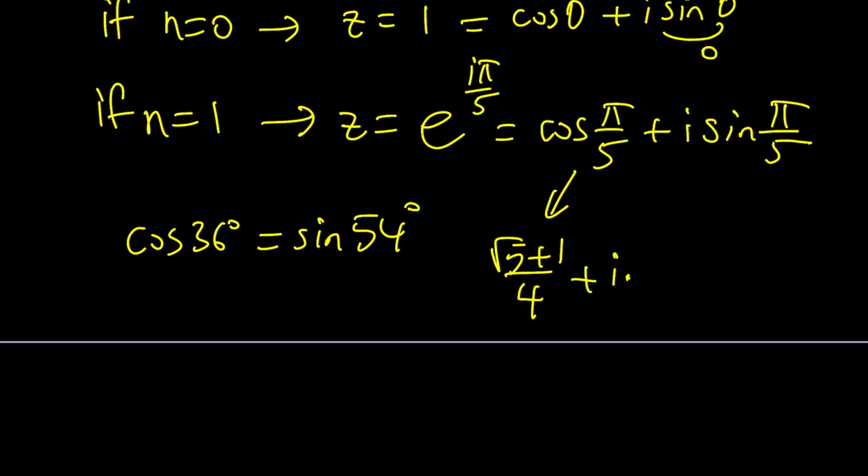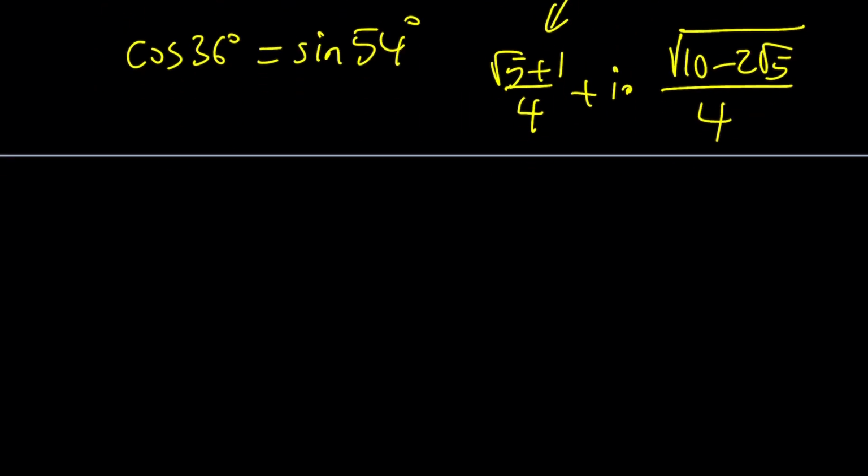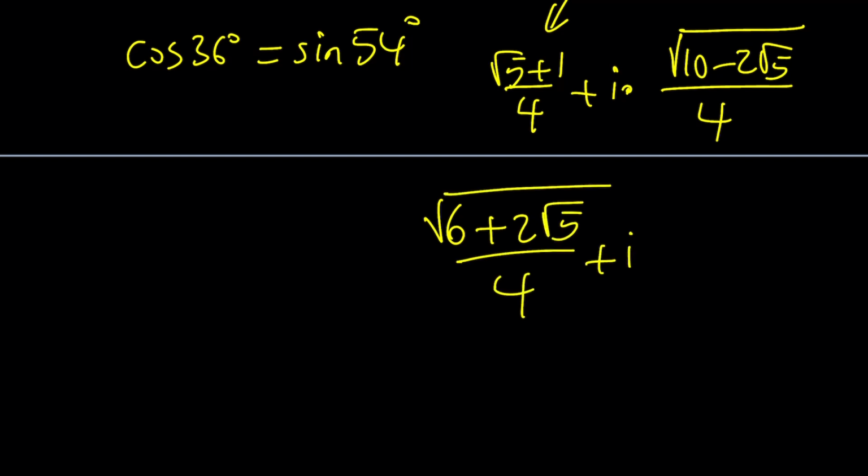And then the sine of π over 5 is going to be the square root of (10 − 2√5) all over 4. By the way, it's not as nice as the first one, but if you want to make the cosine 36 a little less nice, you can write it as the square root of (6 + 2√5) over 4. So it kind of looks like the second one, which is not necessary, by the way, but anyways, I did it.